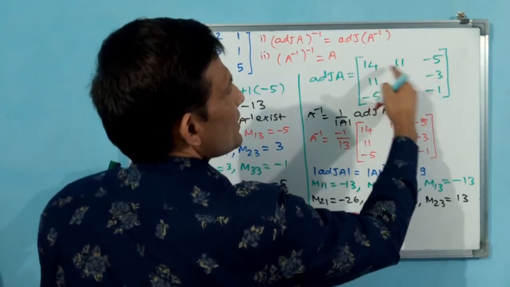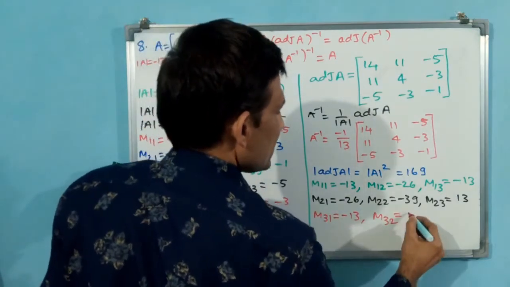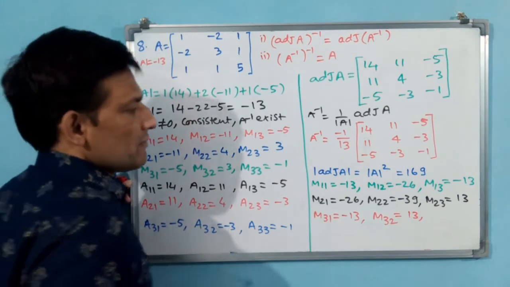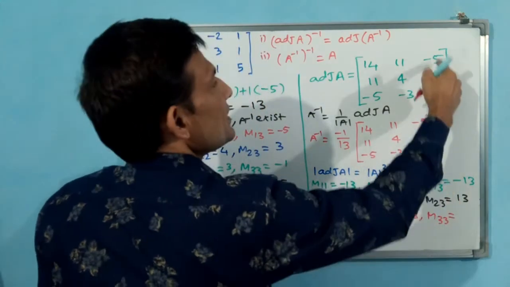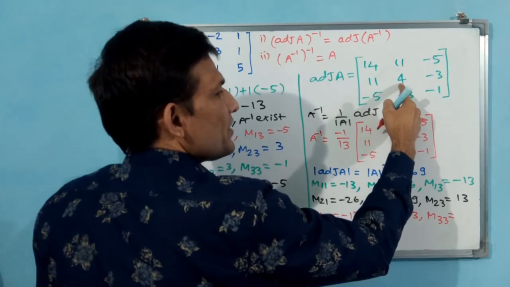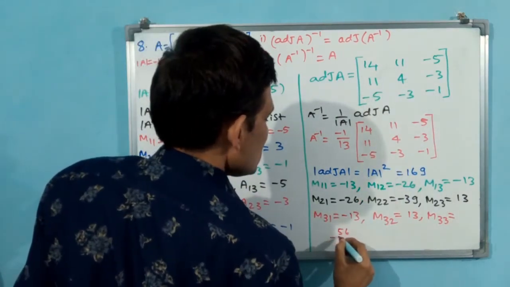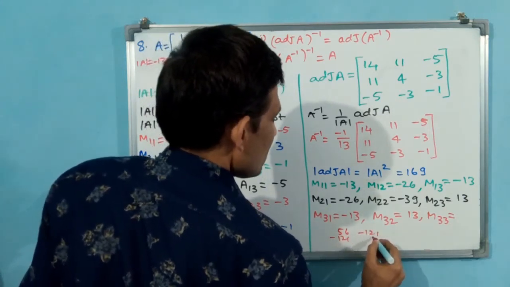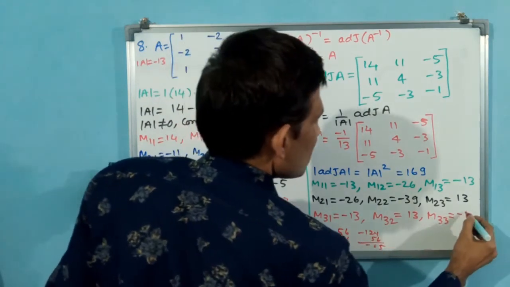Automatically you see minus 42 plus 55, that is 13. Now M33. If you close this minus 1, then you see plus 56 minus 121. Minus 121 plus 56 is minus 65. Okay?